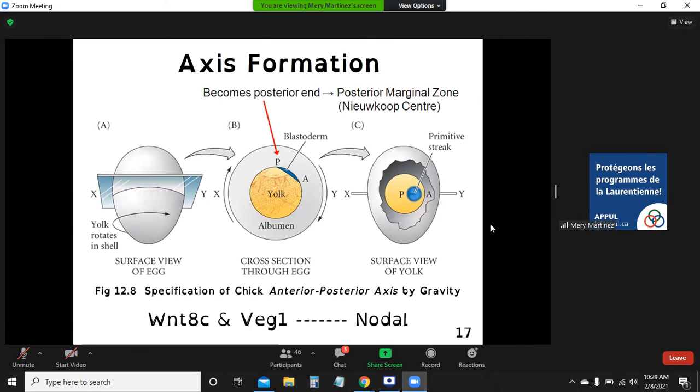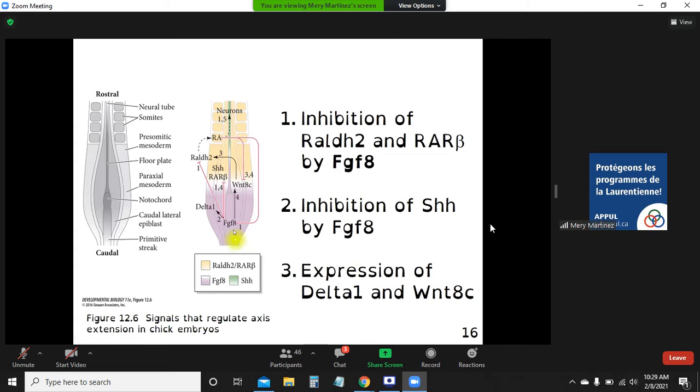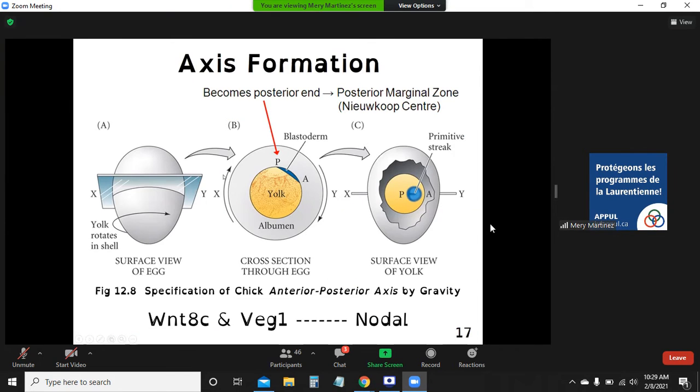Okay, so it contains all the cells that are the equivalent to the Nieuwkoop center. That posterior marginal zone produces WNT8C, the one that we saw in here, that is causing the inhibition of the retinoic acid later, as we see here. Okay. And it's capable of inducing the accumulation of beta-catenin. Beta-catenin, once again, this molecule, paracrine factor in here.